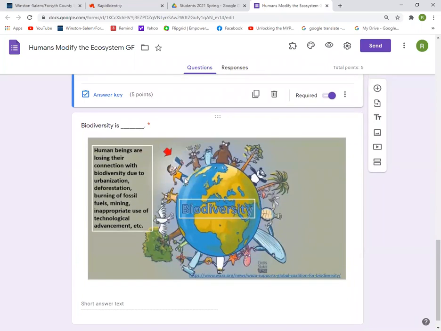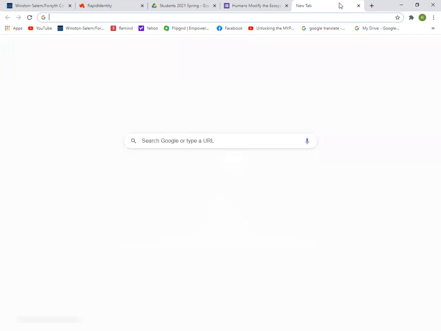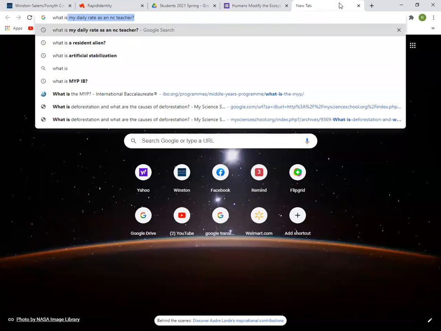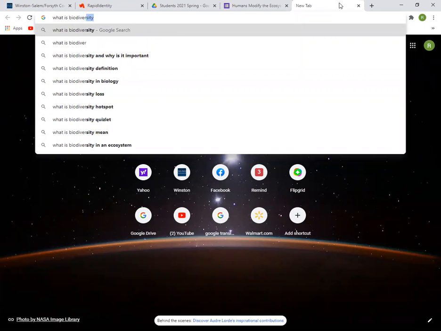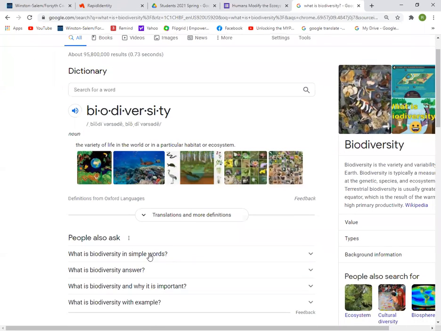Okay. Now, what can we do to protect our biodiversity? So, first, what do we mean by biodiversity? What is biodiversity? Biodiversity refers to the variety of life in the world or in a particular habitat or ecosystem.